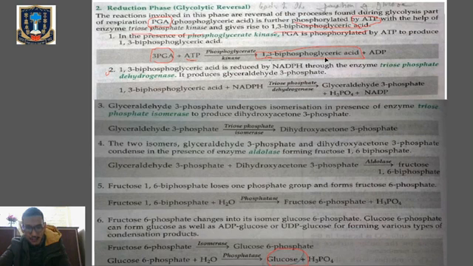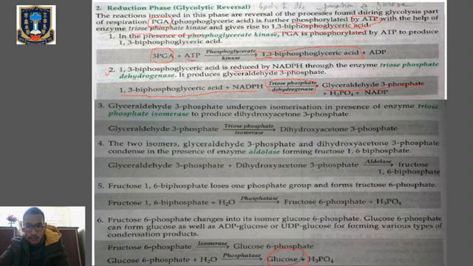Okay. Now, in the second one, this 1,3-bisphosphoglyceric acid will be reduced by NADPH. So 1,3-bisphosphoglyceric acid will be reduced by NADPH in the presence of the enzyme triose phosphate dehydrogenase into glyceraldehyde 3-phosphate. Clear?